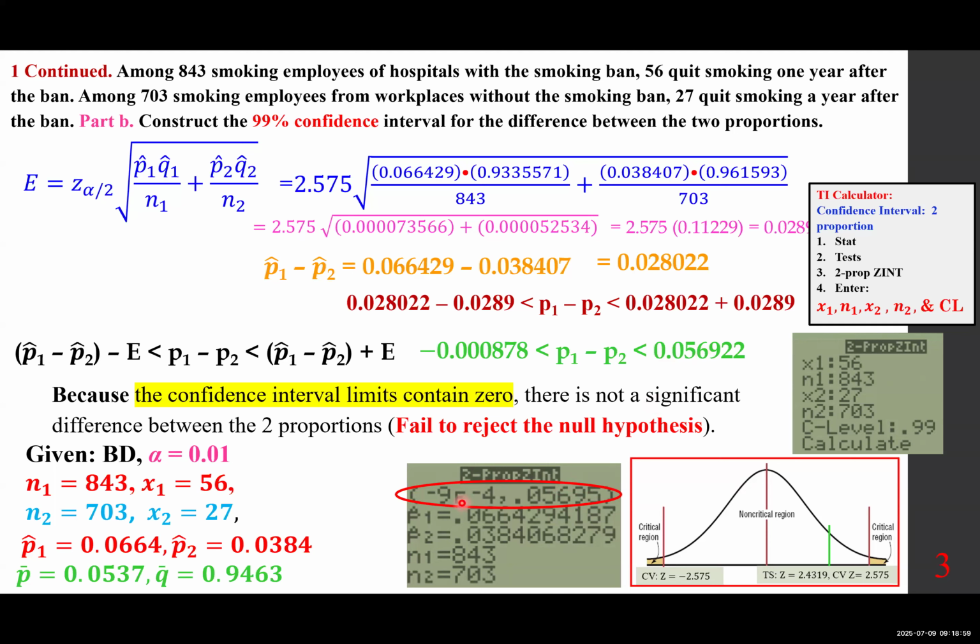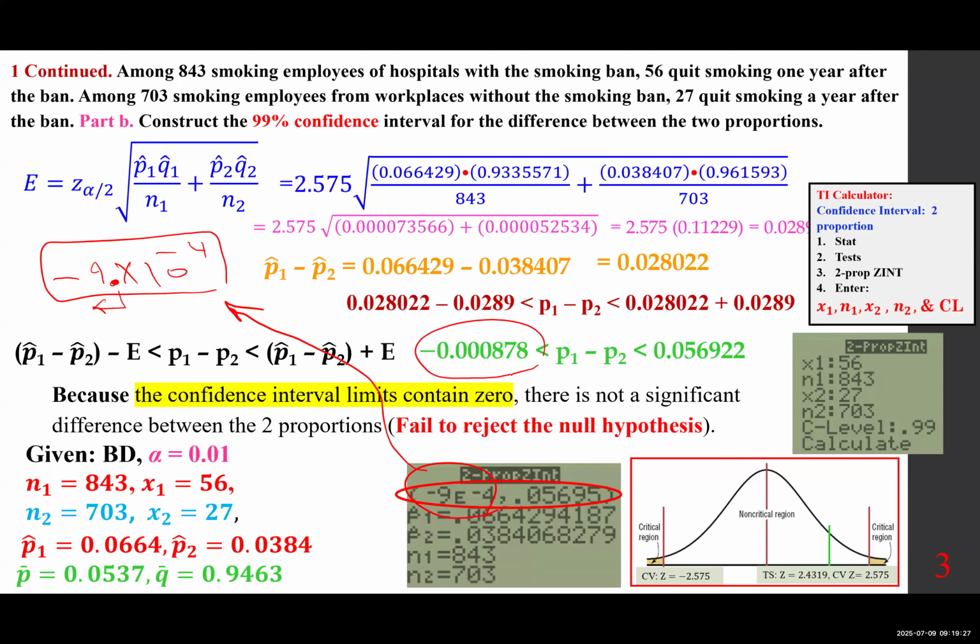And what is this one? I want to make sure, again, everybody knows the meaning of this number. This number means minus 9 times 10 to the power of minus 4. This is a scientific notation, which means put the decimal here. You have to move it 4 places to the left, which is very close to this value that is done here.